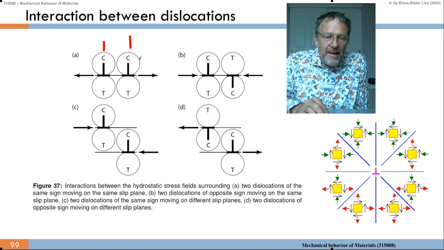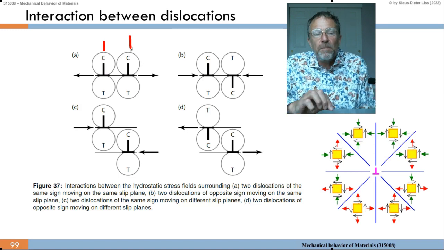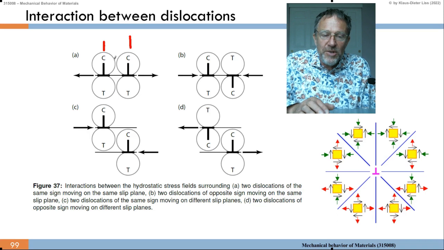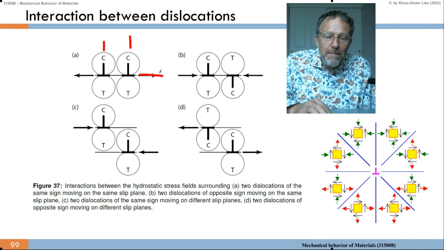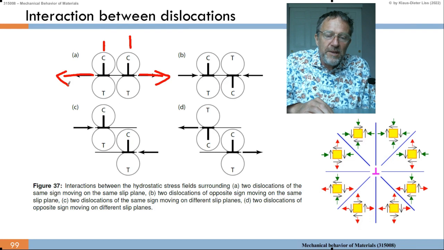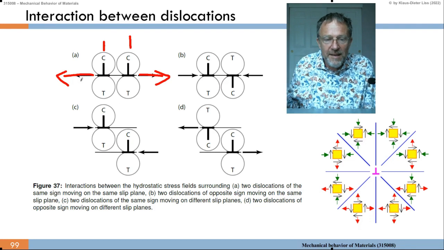And here again, compressive above and tensile below. What happens? Compressive and compressive, if I would overlap these two compressive stress fields, then I need to compress more. If I need to compress more, it costs energy. So they repulse each other. They want to go away from each other. There are these forces, and these forces are repulsive.